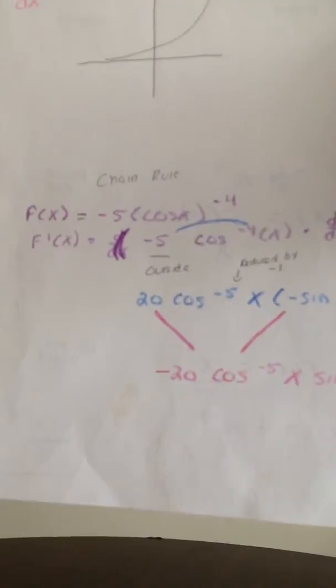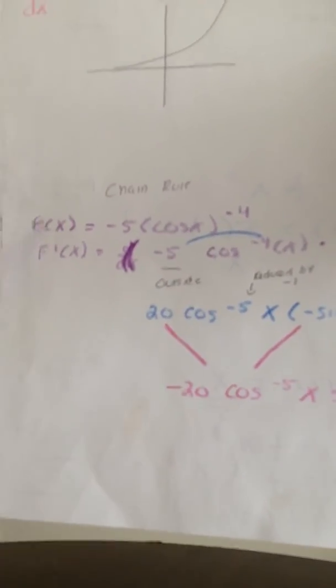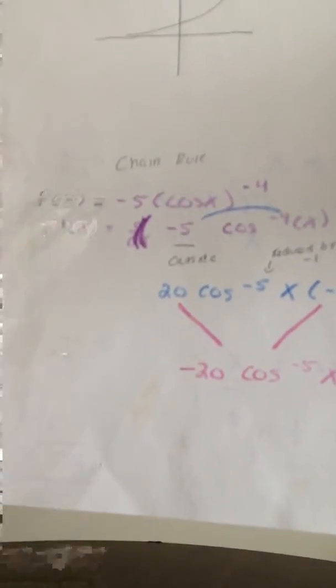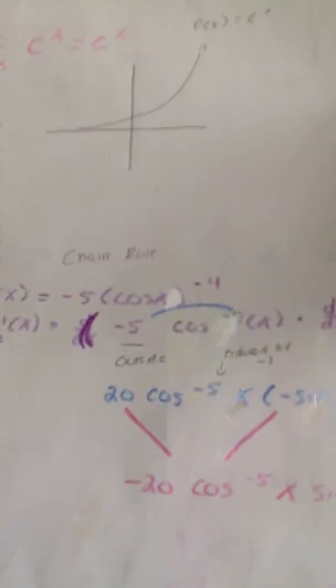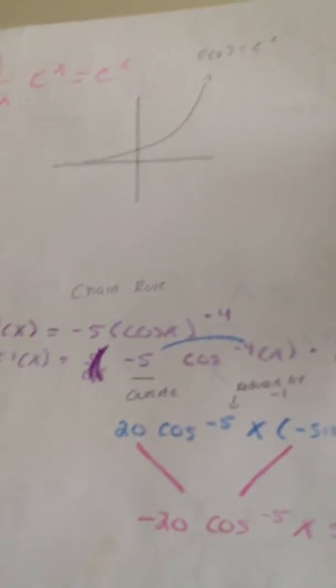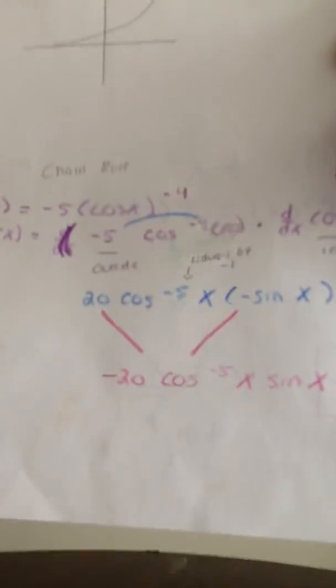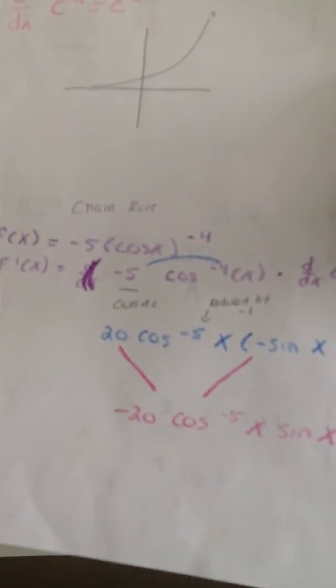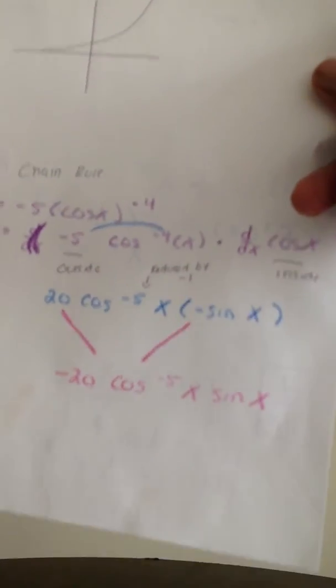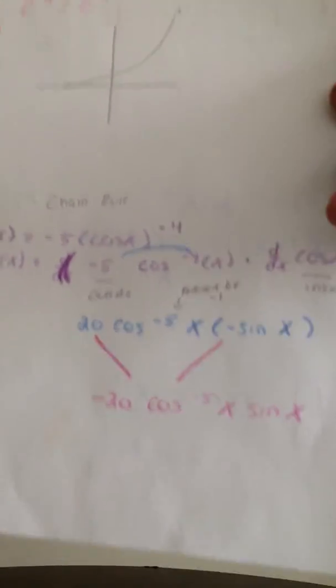We take the exponent, multiply it by -5 to get 20, reduce the power by 1, which gives us 20 cosine of x to the -5, and taking the derivative of cosine of x to get negative sine of x. Then we take 20, multiply it by the negative in front of the sine to get the final answer to equal -20 cosine to the -5 of x sine of x. So that is everything that we have right there.